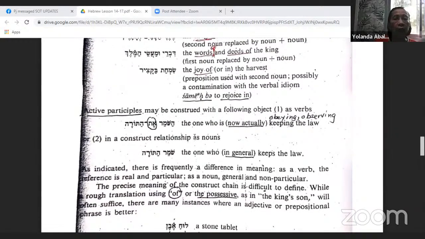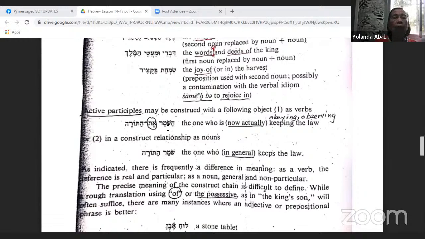And then we have HaShomer. Okay, tandaan nyo, itong SH dito, ang kanyang tuldok sa right, nagsasaad shin. Ang tuldok niya sa left, nagsasaad po ng sin or O. At saka meron kang M non-final, and vav, and then R, HaShomer. Ano yung HaShomer? The keeper, the one who keeps et HaTorah.